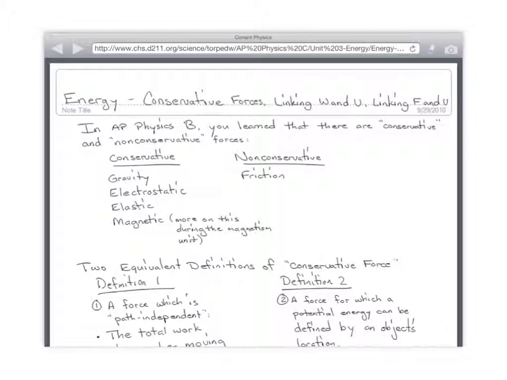It's only if path doesn't matter that you can have a conservative force and a potential energy. So there's a very close relationship between work and potential energy only for conservative forces. Good? I'm going to clean up here. Let's take some notes on this.